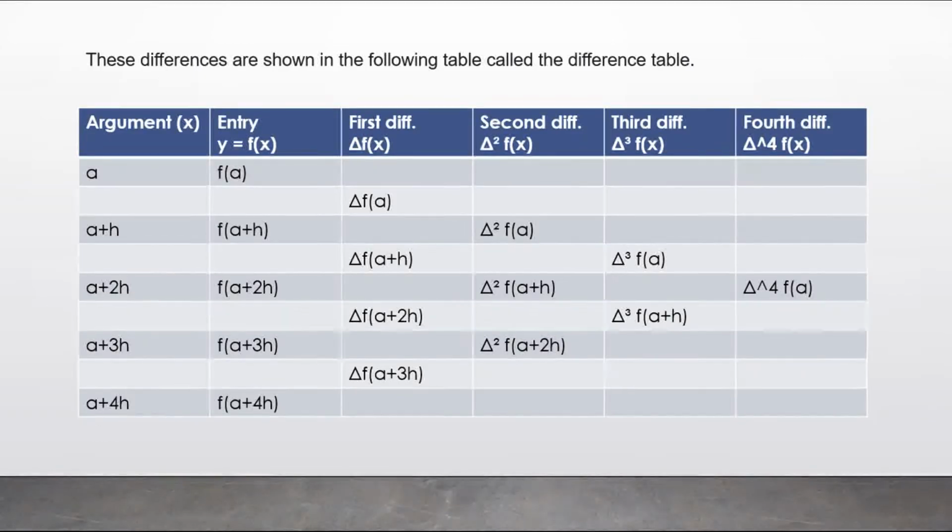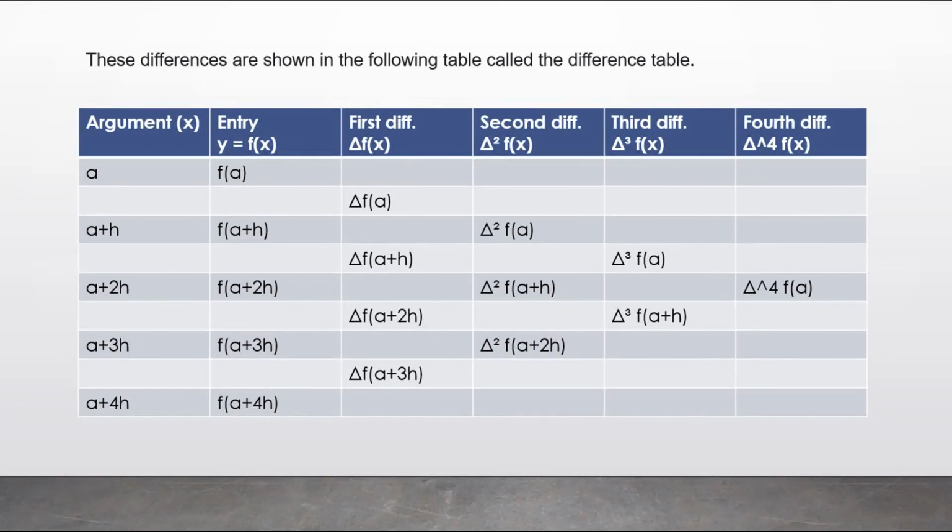The differences are shown in the following table called the difference table. Argument: a, a plus h, a plus 2h, a plus 3h, a plus 4h. Entry: f of a, f of a plus h, f of a plus 2h, f of a plus 3h, f of a plus 4h. First difference, delta f of x: delta f of a is equal to f of a plus h minus f of a.